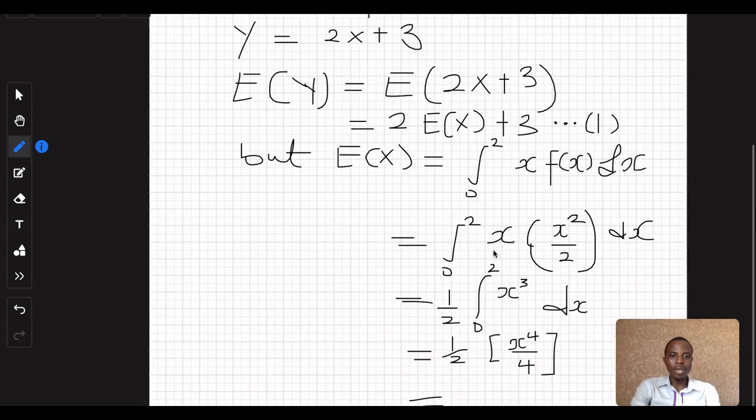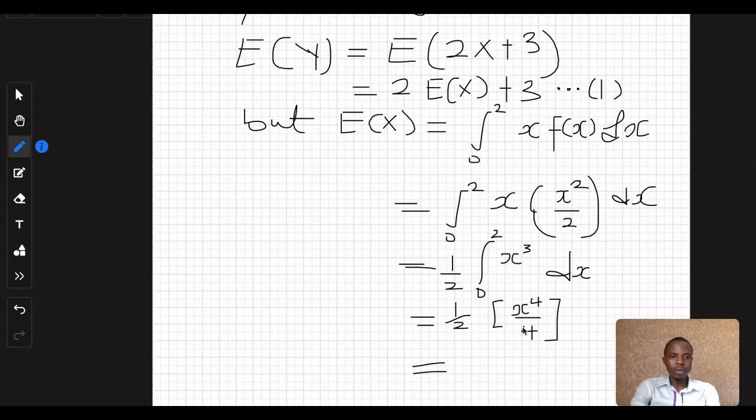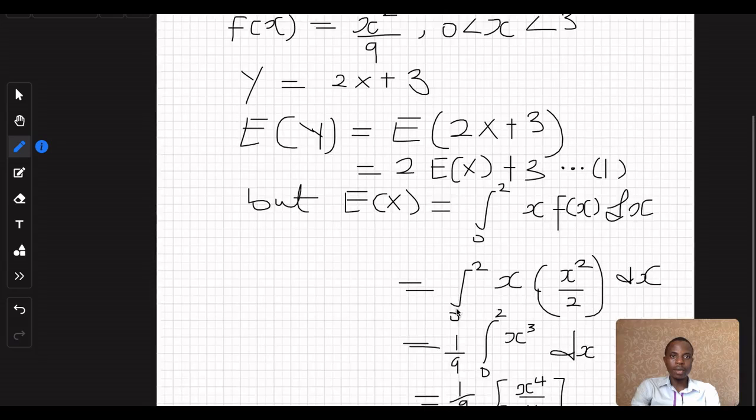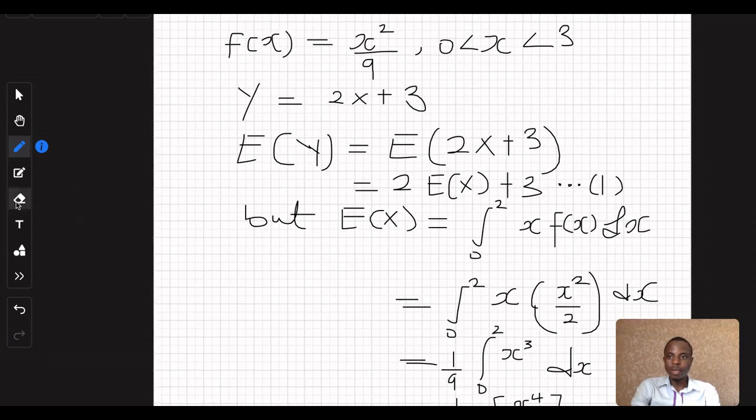All right, now looking at this, everything should remain as before, but instead of 1 over 2, we now have 1 over 9. Just to make things clearer, I'll go over it again.